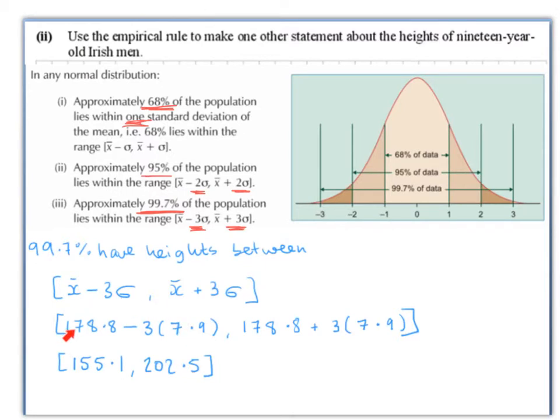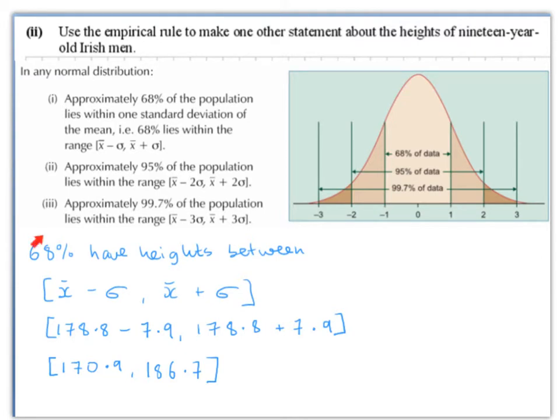So 178.8 minus 3 times 7.9 is 155.1. And 178.8 plus 3 times 7.9 is 202.5. So 99.7% have heights between 155.1 centimetres and 202.5 centimetres.